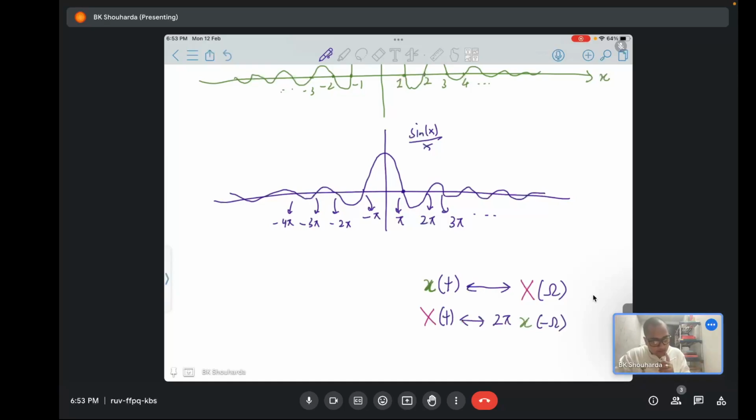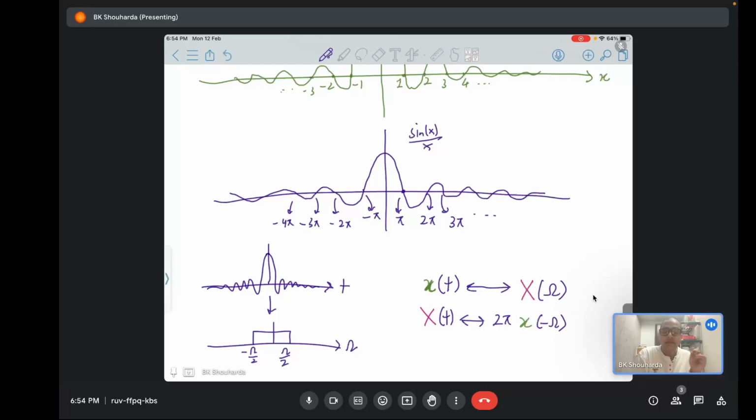So what does that mean? If I have a signal which is unlimited in time, then it gets constrained in frequency. This is actually what is called the time frequency uncertainty. You can never have a signal which is both limited in time as well as in frequency domain.